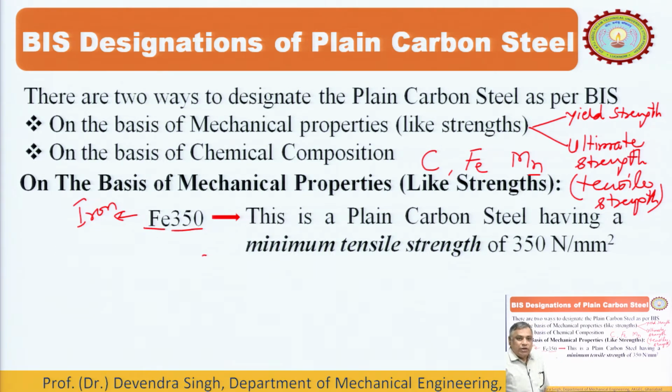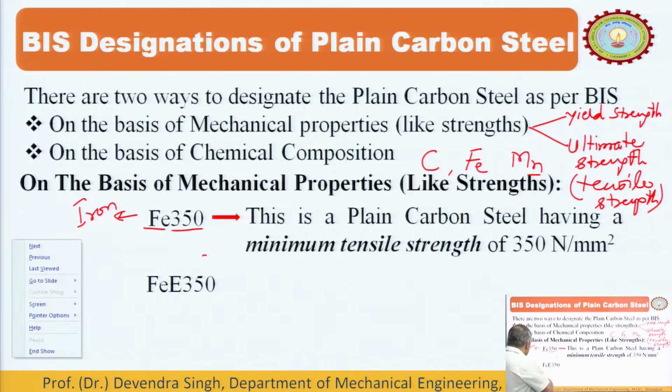And second, suppose I write Fe, capital E, a third symbol. I have included this capital E. So, it indicates this is a plain carbon steel having 350 Newton per mm square strength. What strength is this?